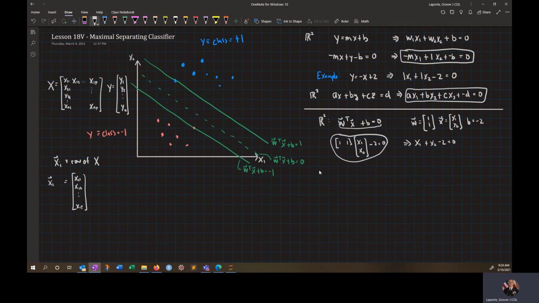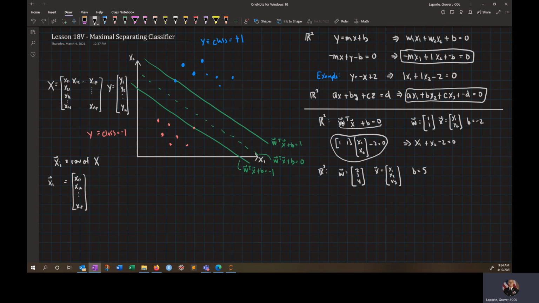And if I were to go to R3 now, how would this be different? Well, I claim that this is exactly the same. The only thing that changes is our W. So let's let W, again, I'm going to arbitrarily pick 2, 3, 4, because I have so much creativity. And then X is just going to be x1 through x3. And b is just going to be some number, we'll let it be +5 this time.